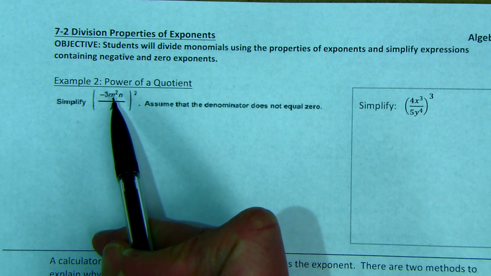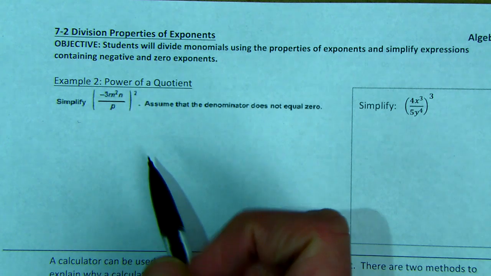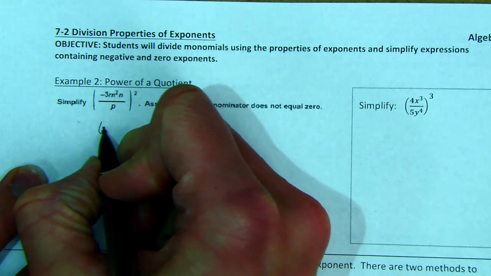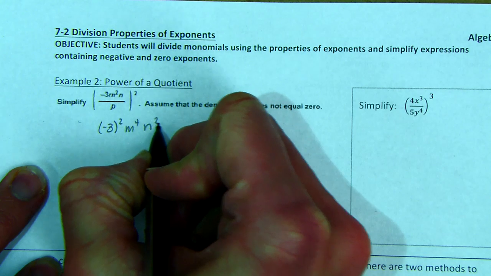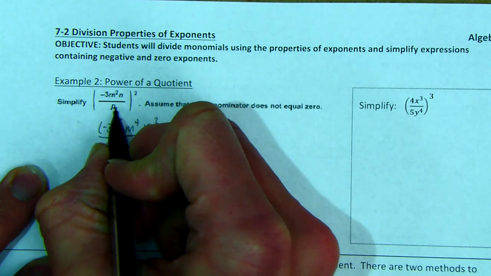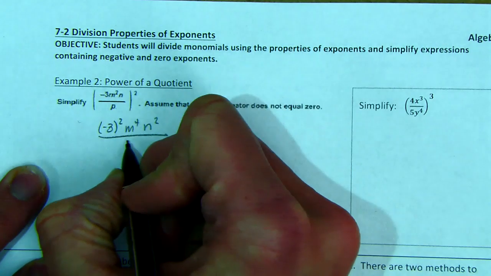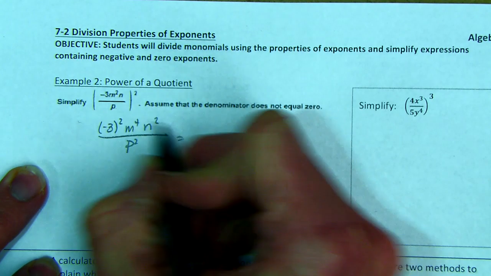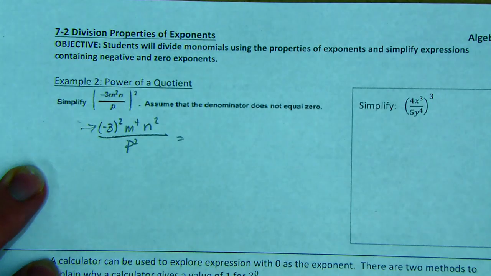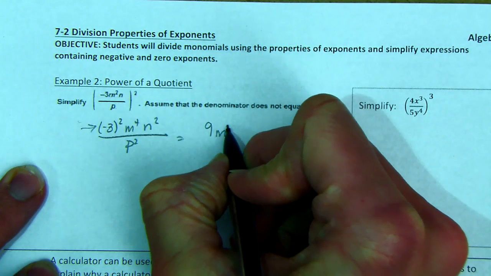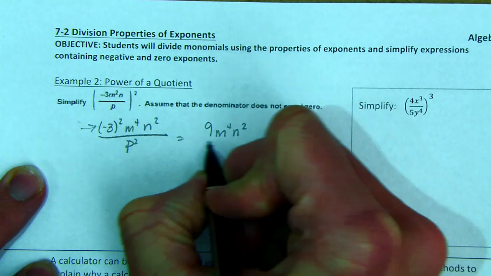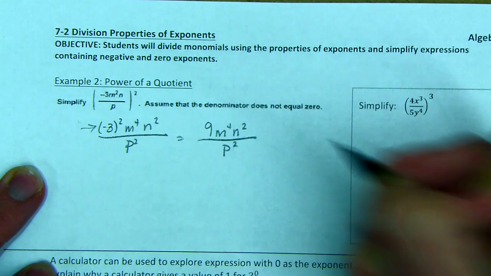You have to take the 2 to the m and 2 to the n. So if I do that, I'd get -3 squared, m to the 4th and n to the 2nd. Then I do that to the denominator as well, where there's only a p, so it's p squared. We need to simplify that coefficient. -3 squared gives you a +9, m to the 4th, n to the 2nd, all over p squared, and that's it.